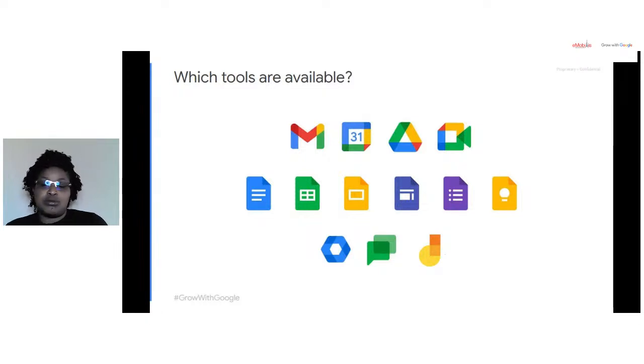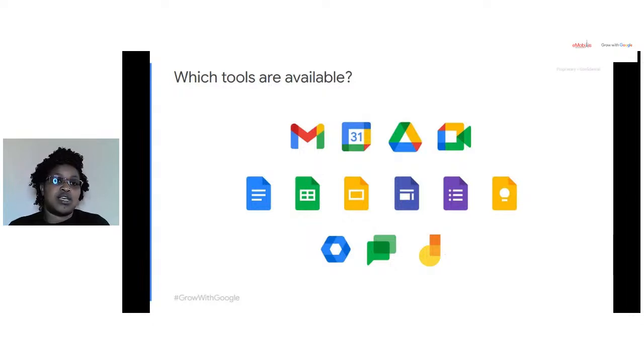Remember, we are talking about the tools available under Google Workspace. We also have Google Chat, which provides direct messages and team chat rooms. And last but not least, we have Jamboard. Jamboard is a digital interactive whiteboard that enables collaborative meetings and brainstorming.